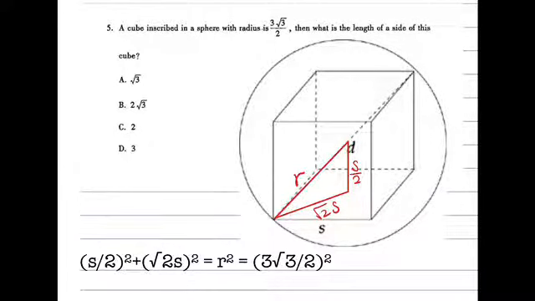Question 5. A cube inscribed in a sphere, as we can see in this diagram. Then the longest segment between 2 points in a cube is touching the sphere. So where are these 2 points? In the diagram we can see it is, in this case, the lower left front point and the upper right point in the back.